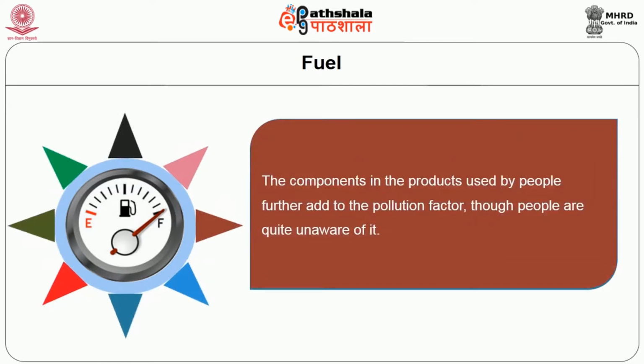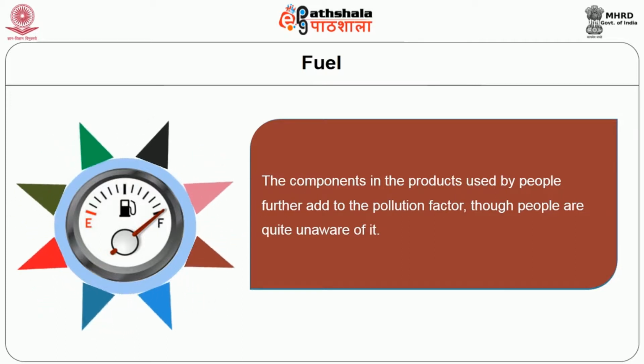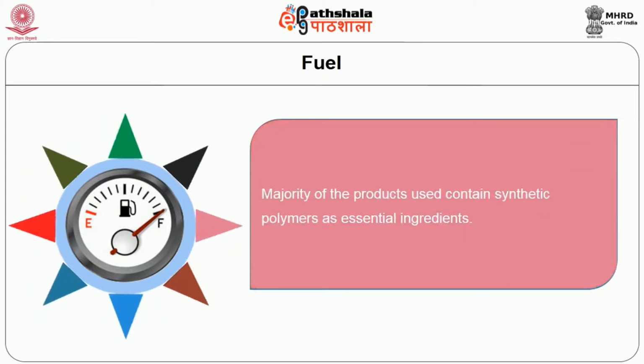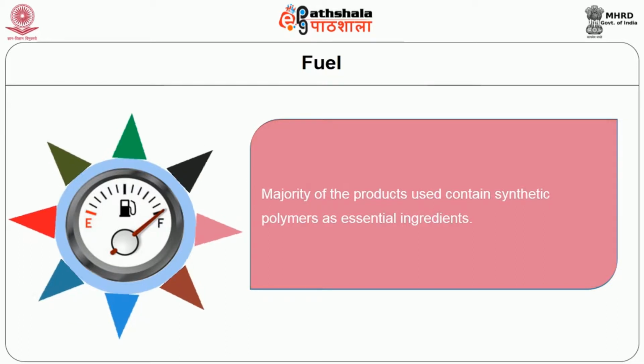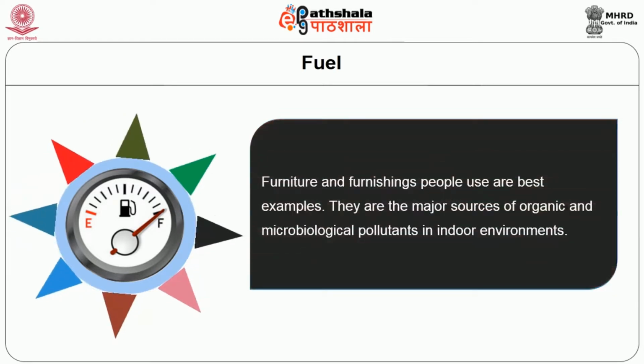The components in the products used by people further add to the pollution factor, though people are quite unaware of it. Majority of the products used contain synthetic polymers as essential ingredients. Furniture and furnishings people use are best examples. They are the major sources of organic and microbiological pollutants in indoor environments.